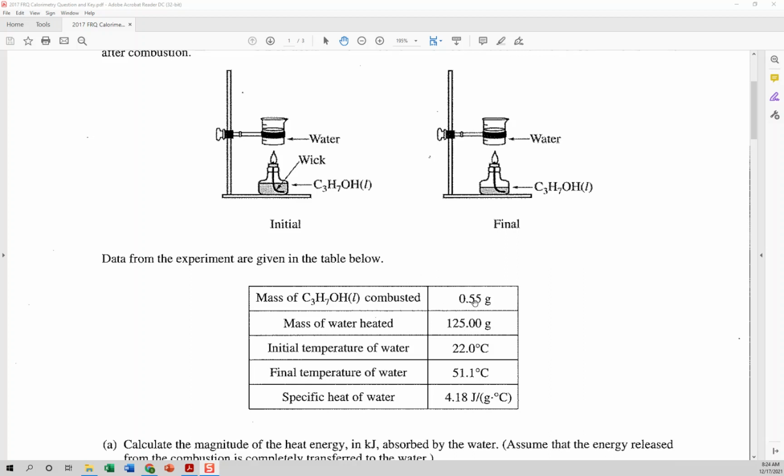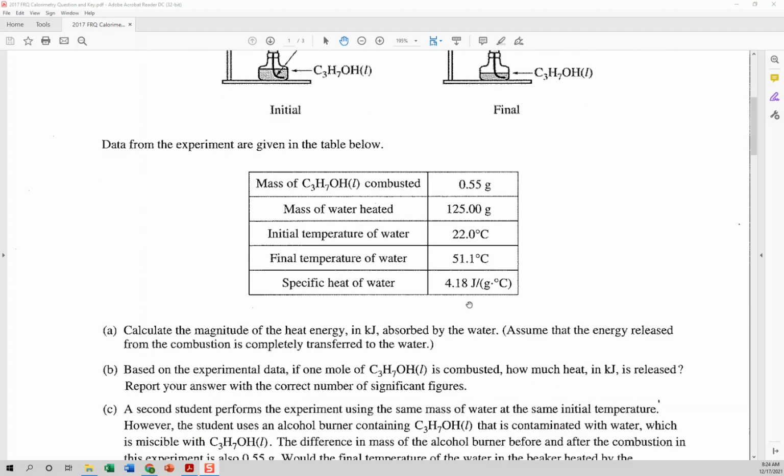We don't have to add this mass to this mass because the propanol and the water that it was heating up never mix. We burn the propanol and the heat goes from here to the water, but the propanol and the water don't mix. So the mass we're going to use in our Q equals MCΔT is just this, okay, 125. Don't do 125.55, okay?